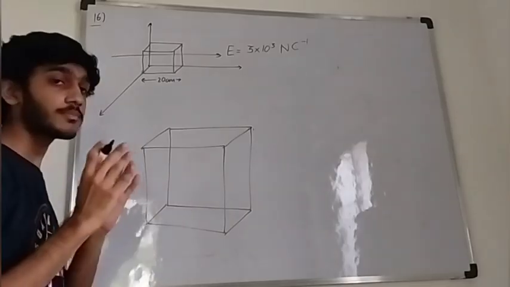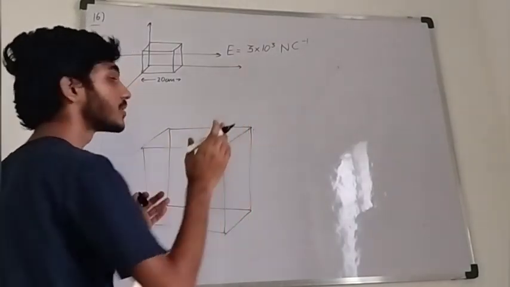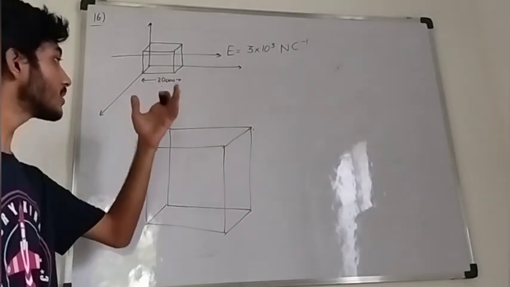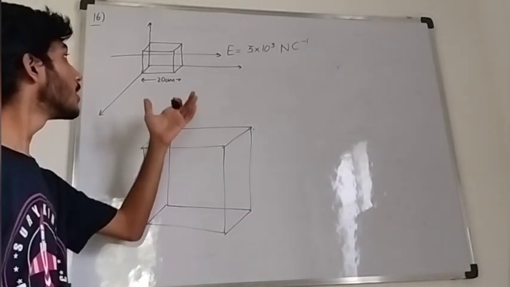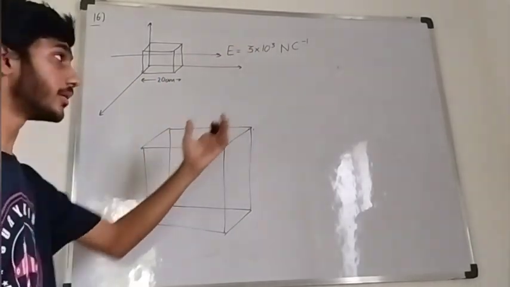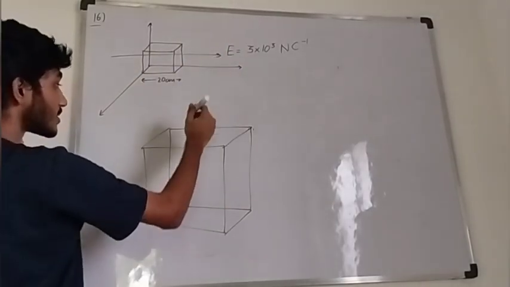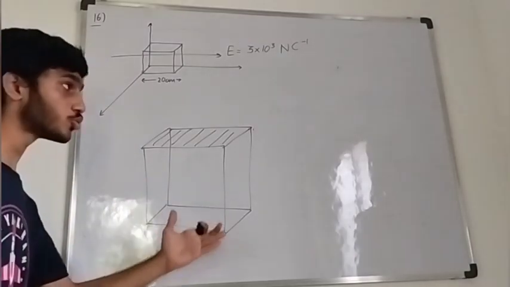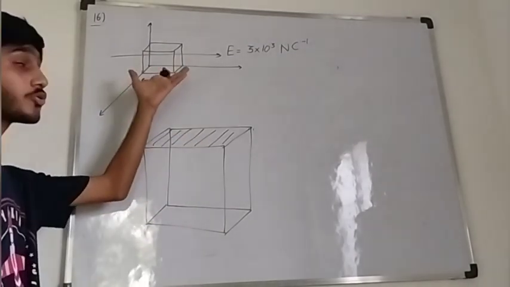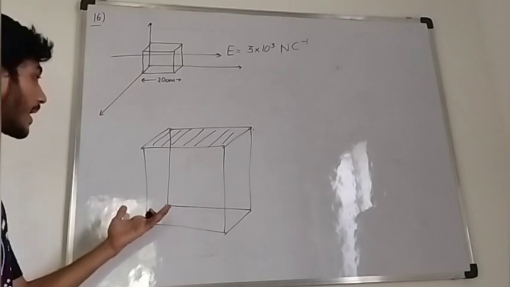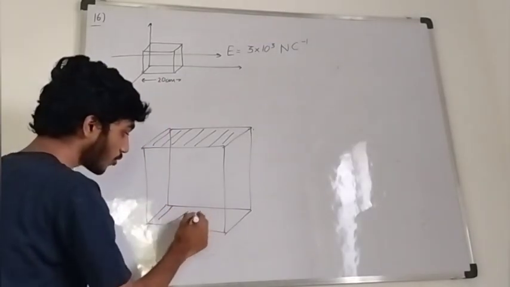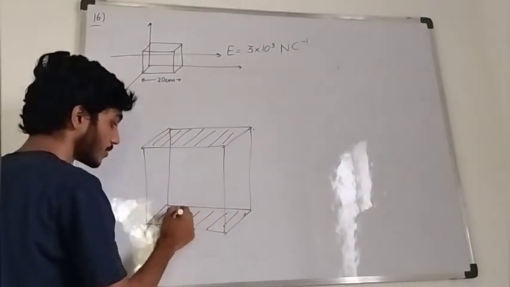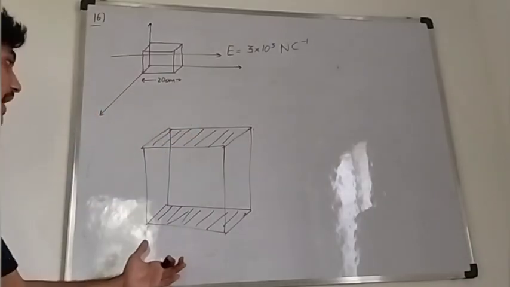It means you have to find the flux in the faces of this cube which are parallel to the electric field. So if the electric field is going this way, they mean the top face. Assume this is your room, so this is the ceiling of the room according to this diagram, and one more parallel face, which is the floor of your room. So the question is talking about these two sides.